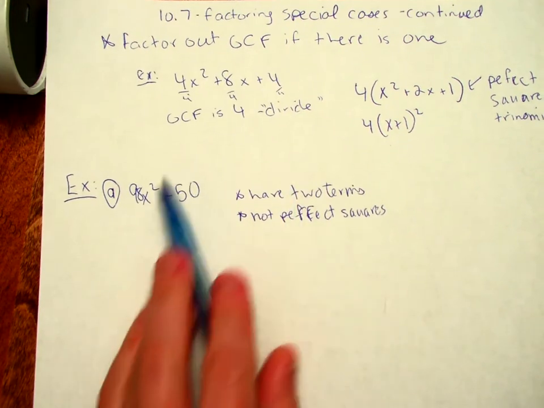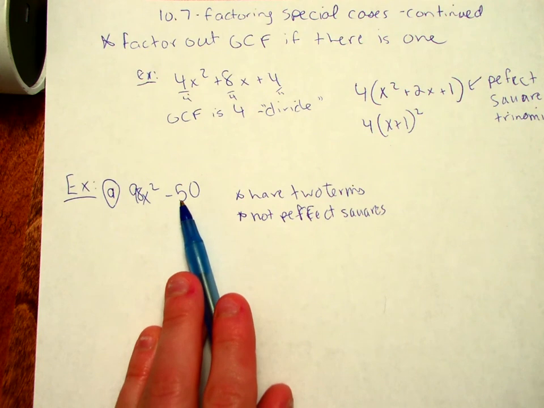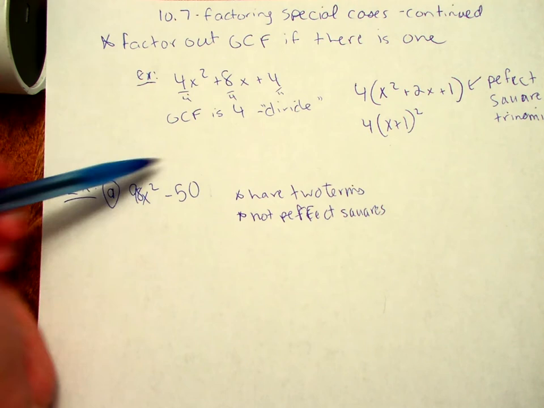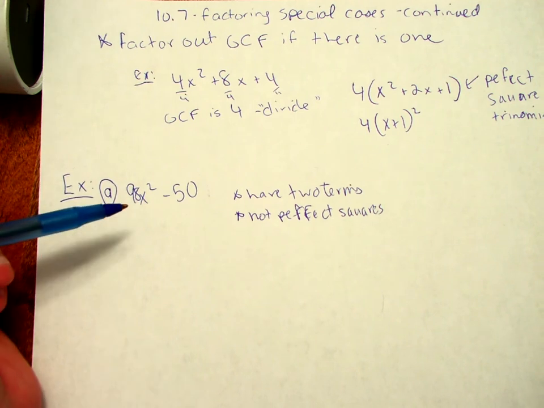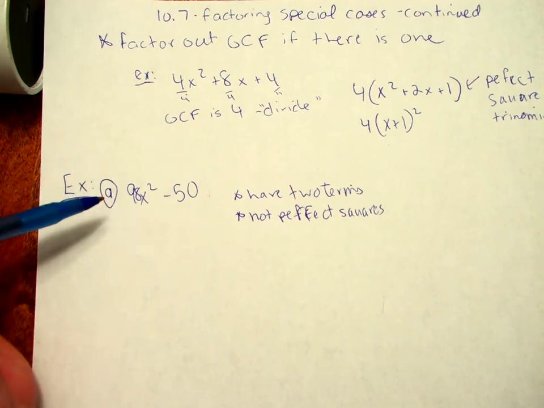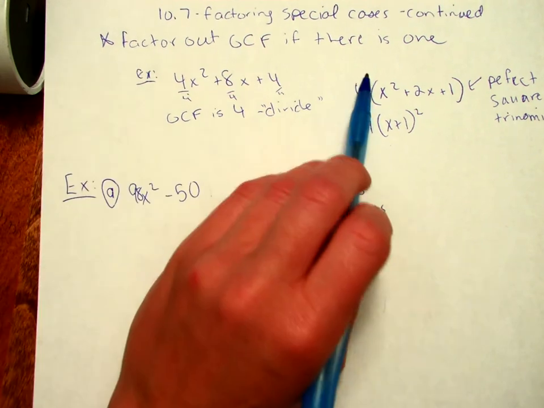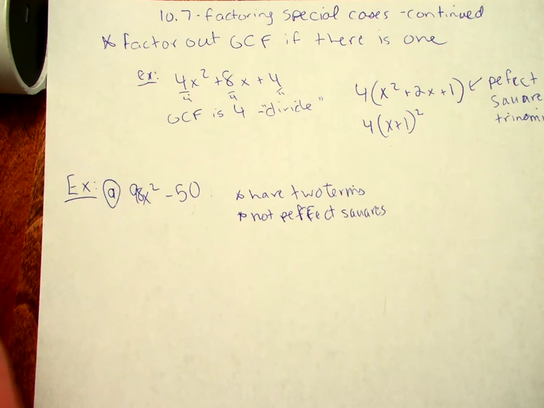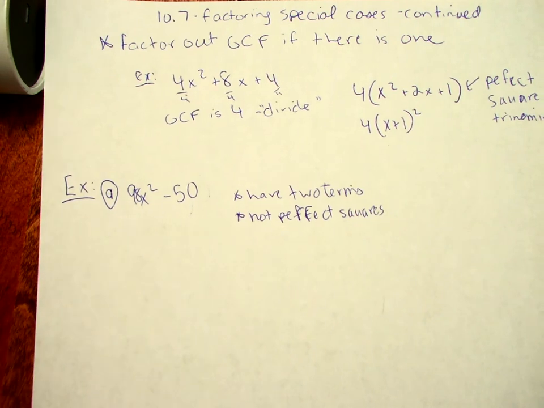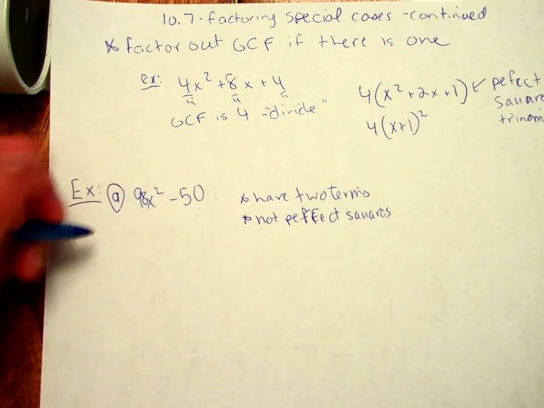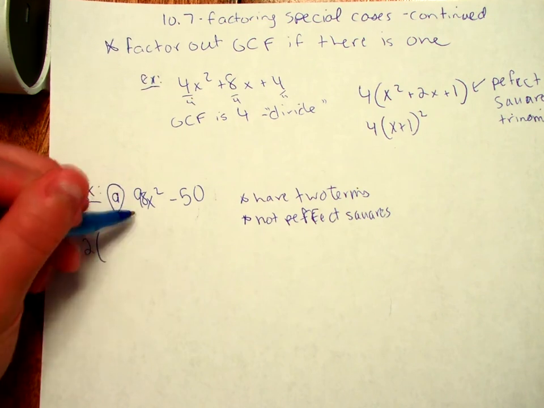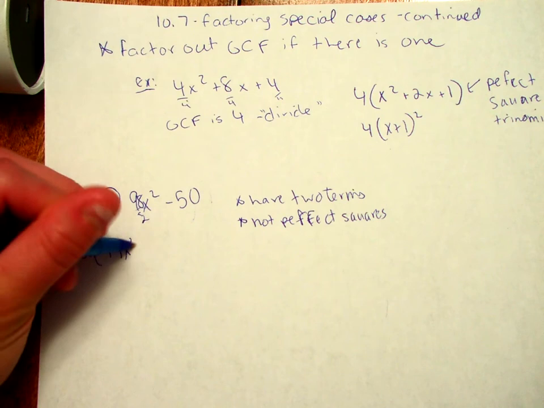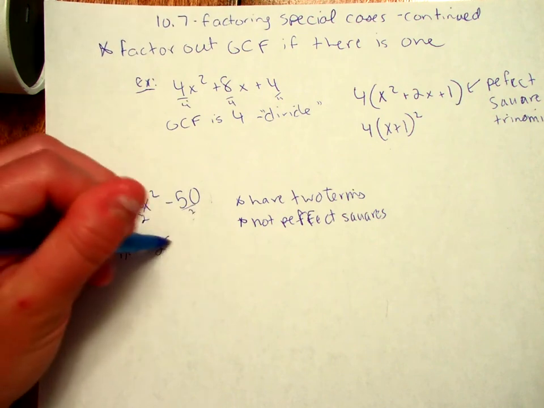Because they're not perfect squares, you can't do x plus a number, x minus a number with these. However, you can see that they do have a perfect square maybe lying in there. So again, factor out the GCF if there is one. If it looks like something you should be able to factor, ask yourself, is there a GCF I can factor out? And the answer to that is yes. They both have a 2 in them because they're even numbers. So 98 divided by 2 is 49, and 50 divided by 2 is 25.